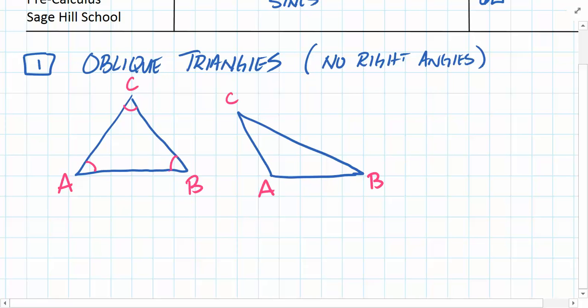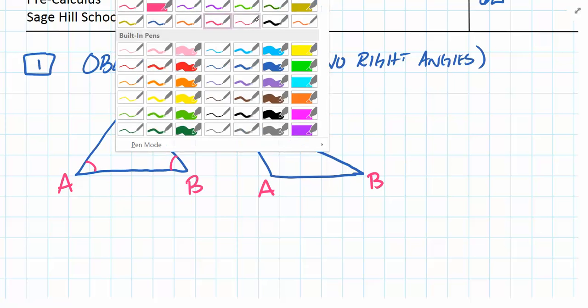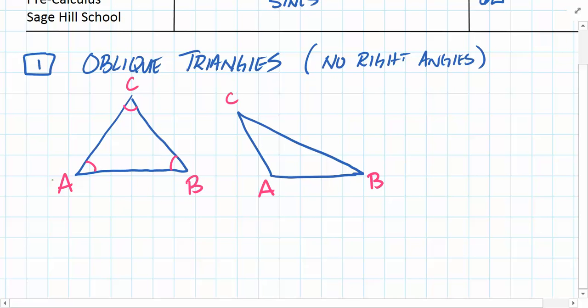And we're going to describe the sides of our oblique triangle in terms of the angle it's across from. So what I mean by that is as follows. If this is angle A, then the side of the triangle that is opposite angle A is going to be called side little a. Fair enough?